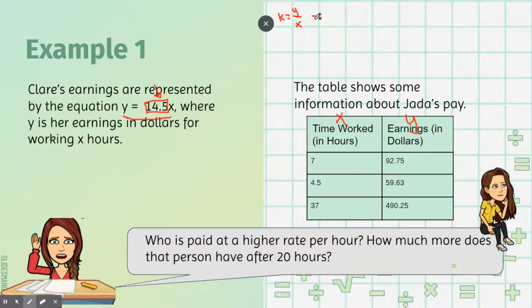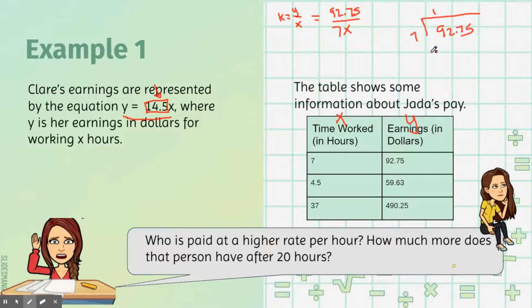So I'm going to do 92.75 divided by X, which is 7. Now I'm going to divide out 92.75 divided by 7.